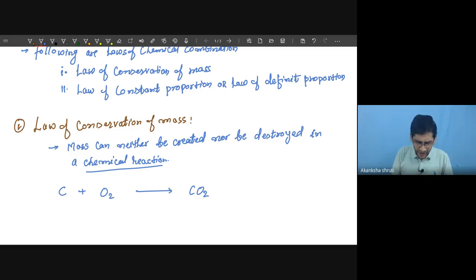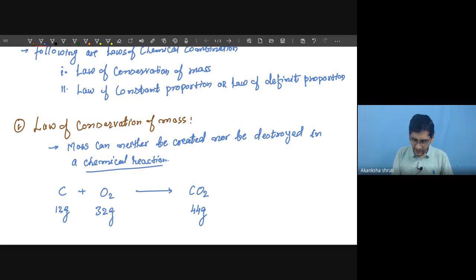It is observed that 12 gram of carbon can combine with 32 gram of oxygen to form 44 gram of carbon dioxide.